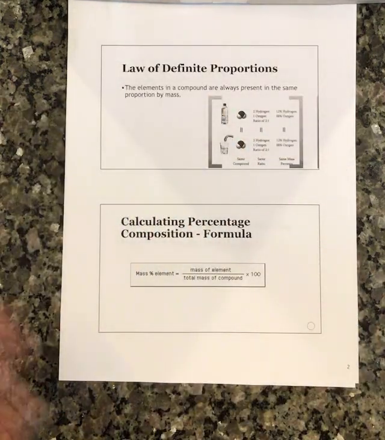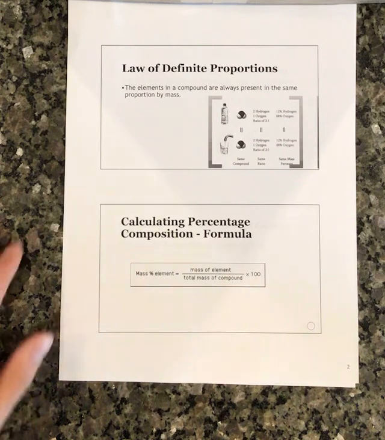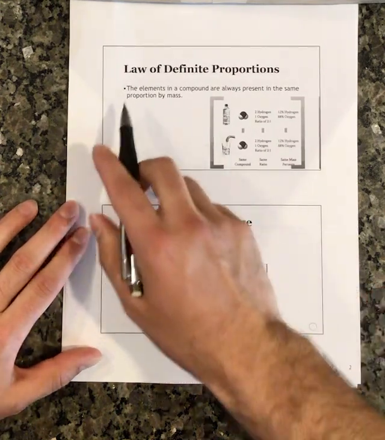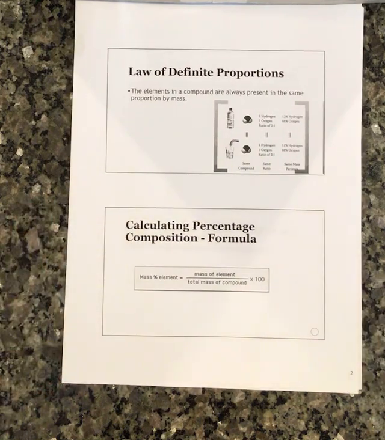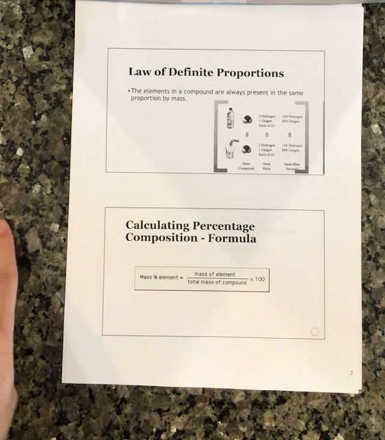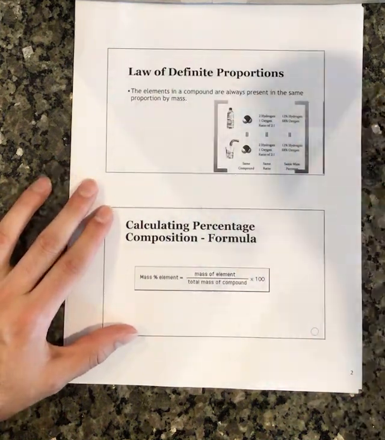Okay, now once again, before we start getting into our questions, there's still a couple laws that we need to understand. The law here that we're trying to understand is something called the law of definite proportions. Now, what this is saying is that if you had one molecule of water, or an ocean full of water, every single water molecule is always going to be H2O.